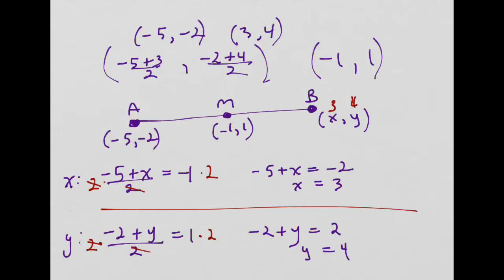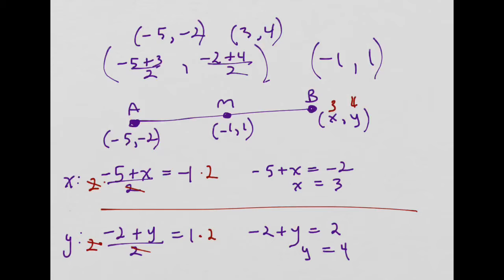We're just talking about averages here. So no matter what you do, when you're working with midpoint, you're talking about taking the average of the x-coordinates and the average of the y-coordinates to establish your unknown point.